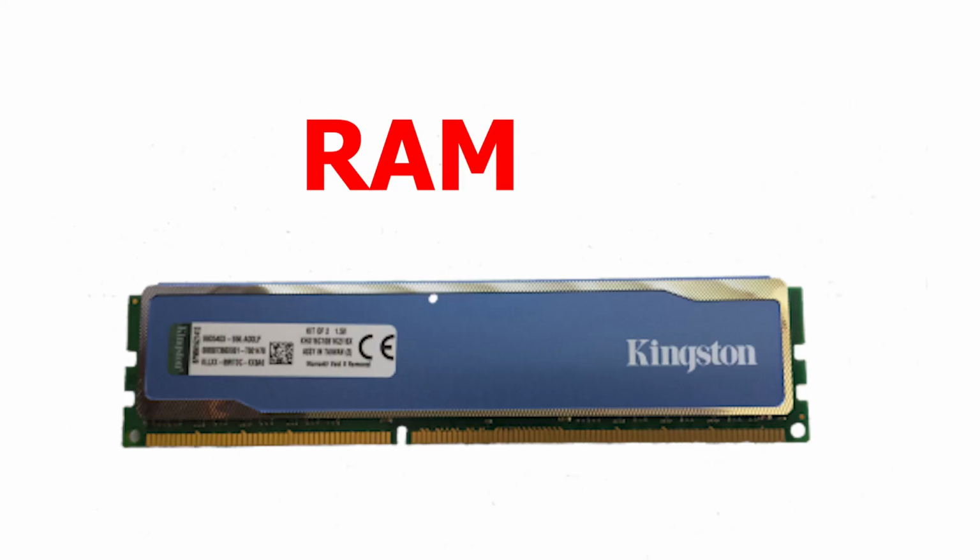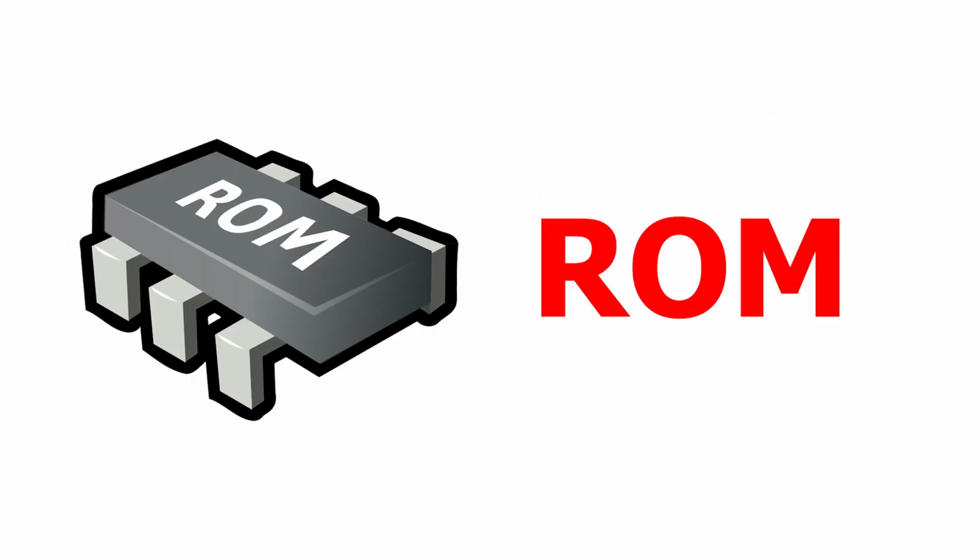So it is not much of a concern to us, but we should be aware that there are two types of memory in a computer system. One is the RAM, in which you store the content for processing. The other is the ROM, which keeps the instructions required at the time of booting of the system itself, and the content of ROM does not disappear even if the power supply goes off.